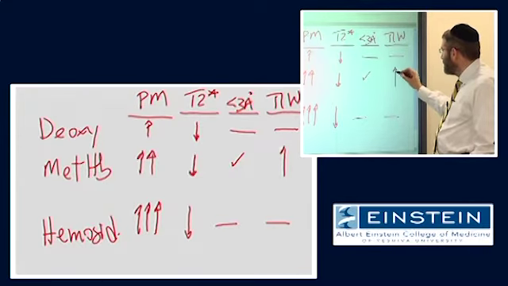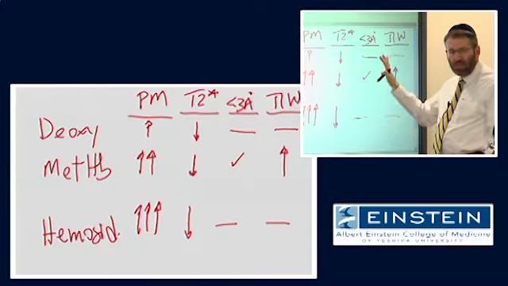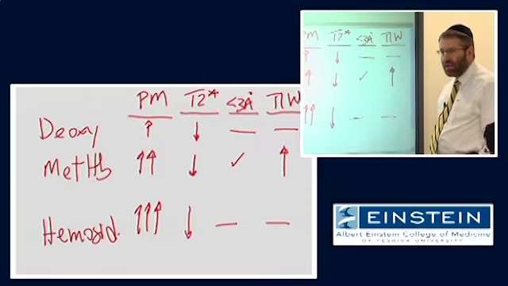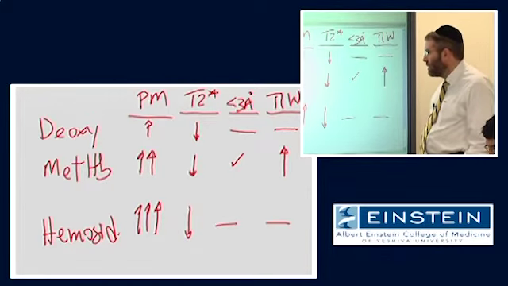An increase in signal. Okay? And this is the general schematic of how these paramagnetic substances influence our signal.